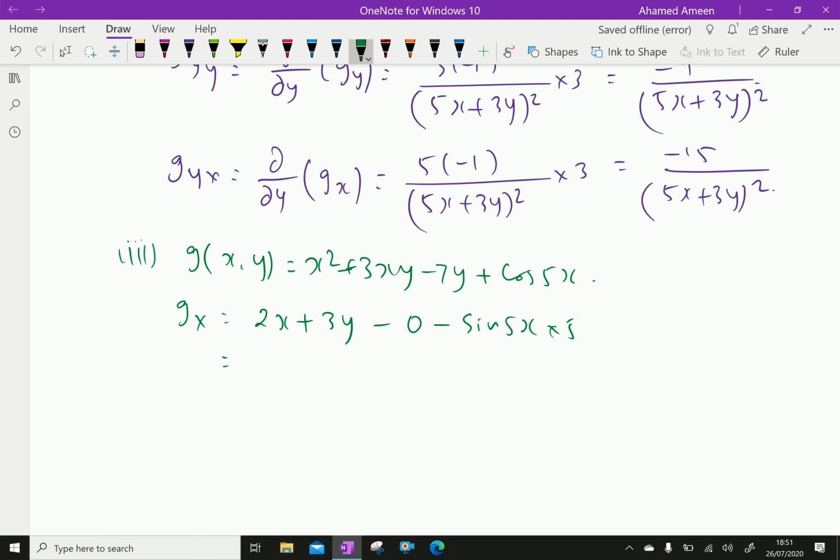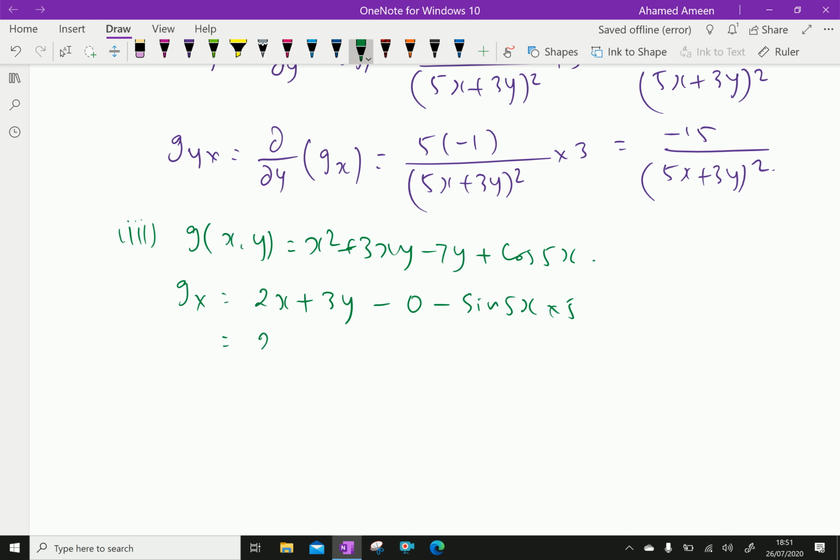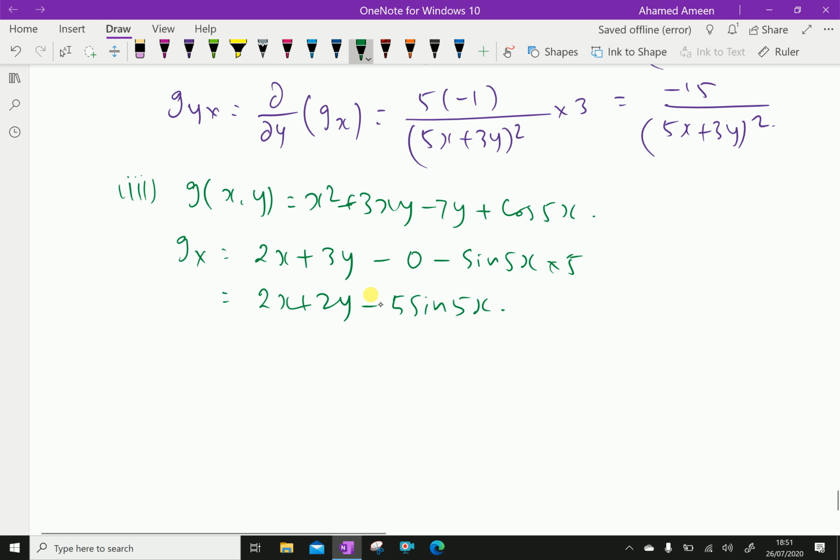So finally you can write it as 2x plus 3y minus 5 sine 5x. G of y is the same.